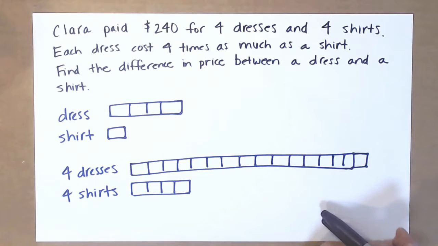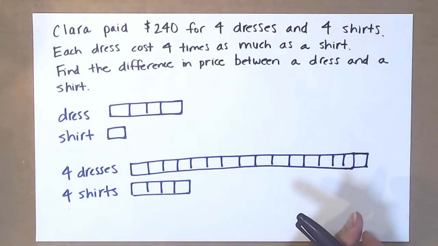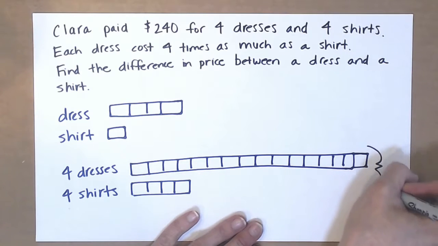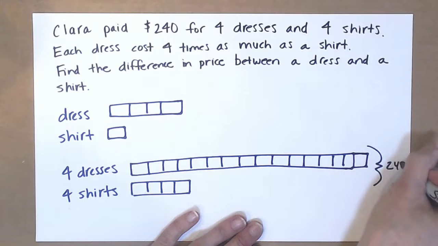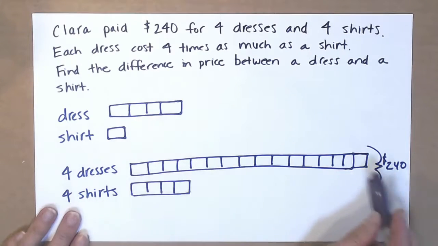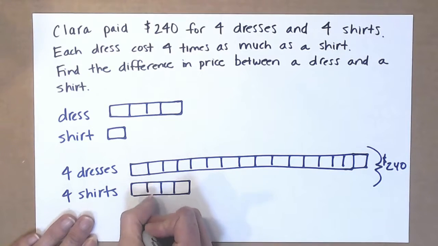Okay, so we have 16 parts to represent those 4 dresses, because 4 times 4 is 16. So now we know that all of this costs $240. So we go back to our question, find the difference in price between a dress and a shirt. In order to do that, we need to know what each of these units represents.